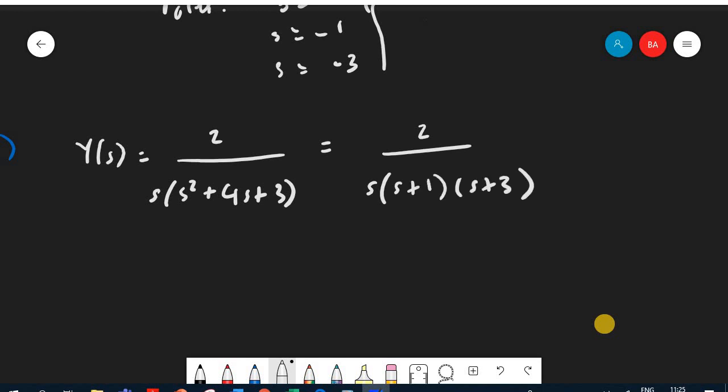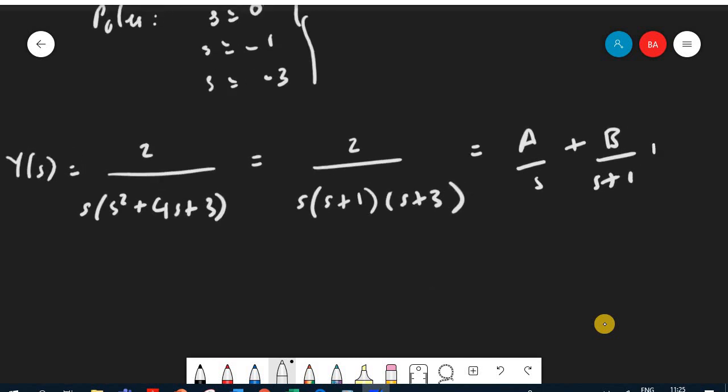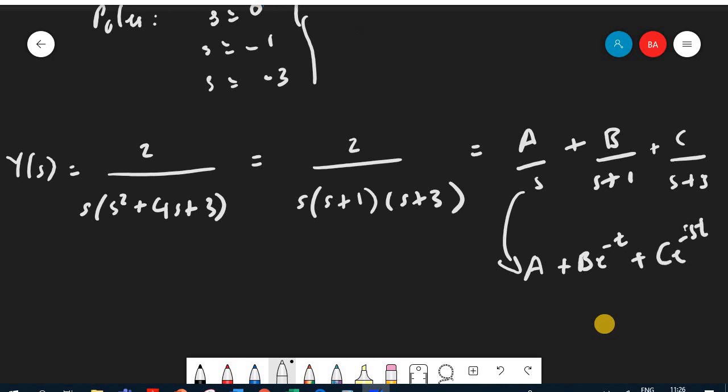And again, the same story I'm going to have here. Well, I have A over s plus B over s plus 1 plus C over s plus 3. And after taking the Laplace inverse, it will be A plus B e to the power minus t plus C e to the power minus 3t. So things are going to be stable.